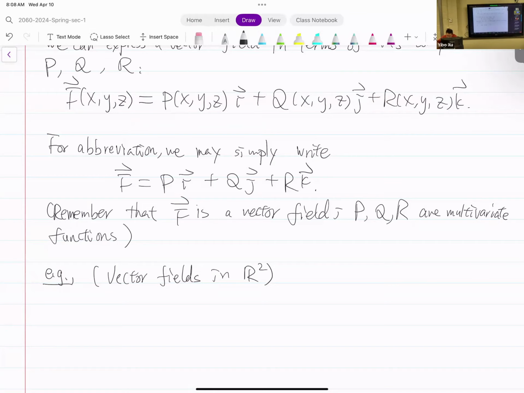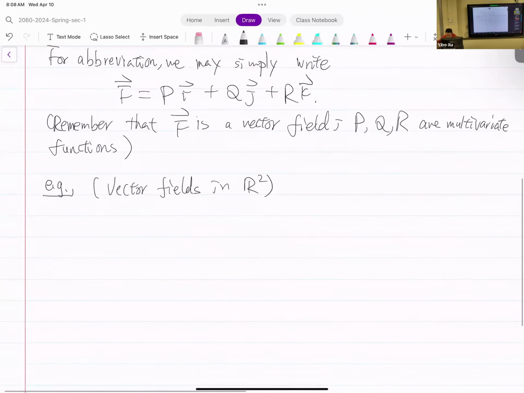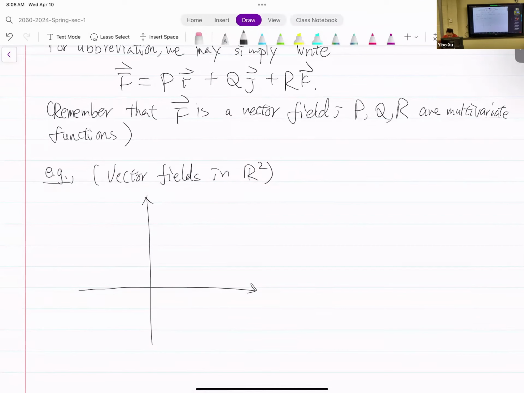So basically here in R2, we're just going to utilize the XY plane. And for every location in the XY plane, we're going to associate a vector to it. So let's say this is the input pair (x, y), and then we're going to start from this point and draw an arrow that's indicating the output vector.